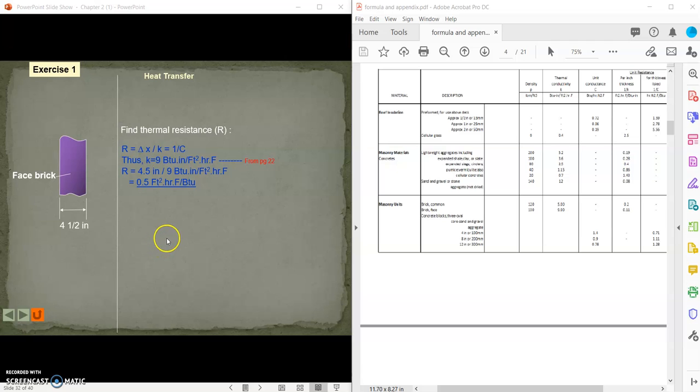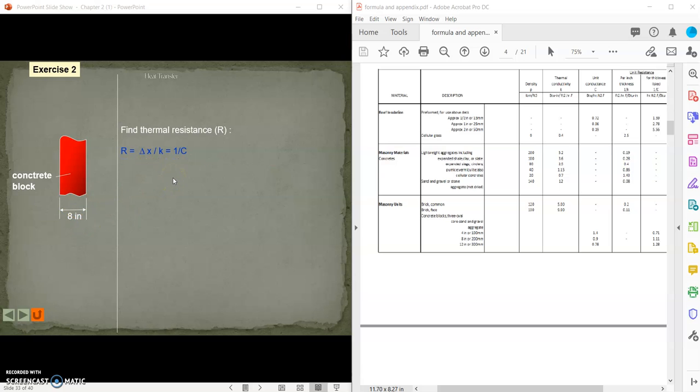Now let's go to the second exercise. The case study here is concrete block. The concrete block here is 8-inch concrete block. We have to find the thermal resistance also. So R is equal to delta X over K or 1 over C, and the C is 0.9.